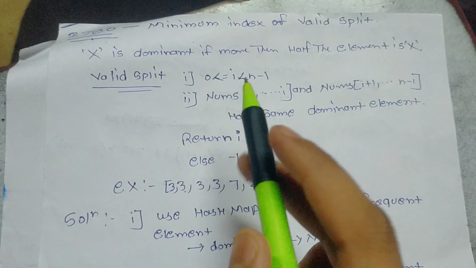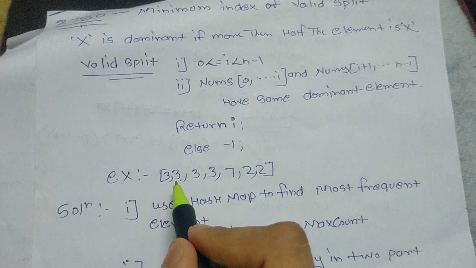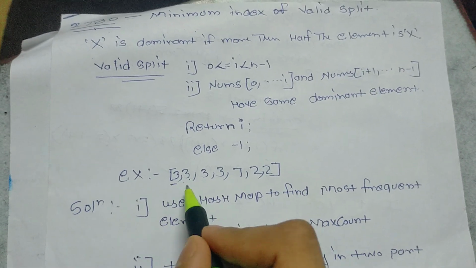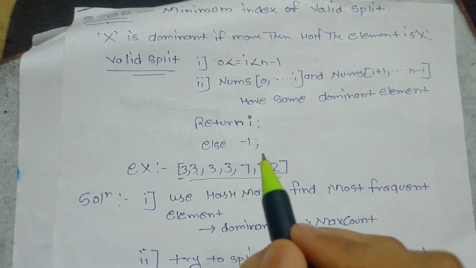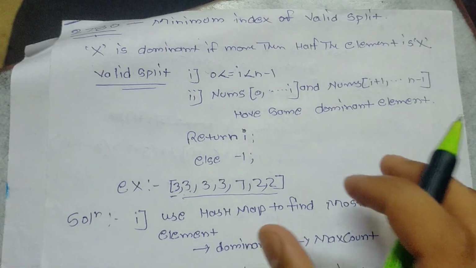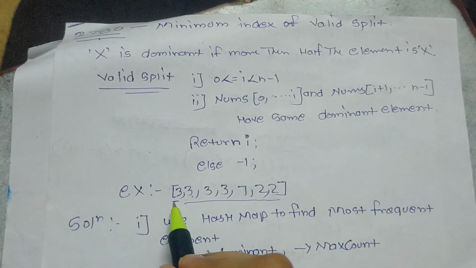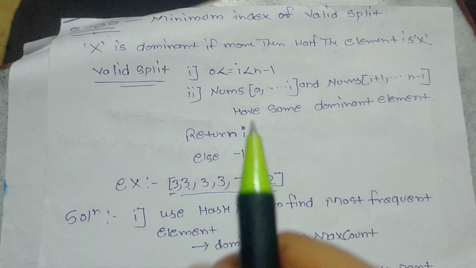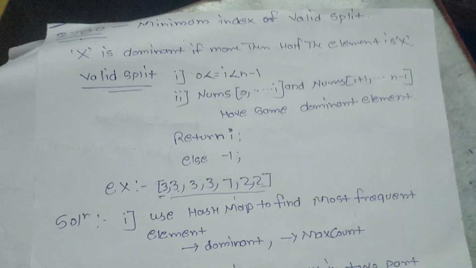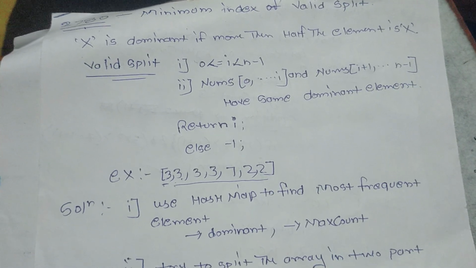It means the left and right subarrays contain the same dominating element. The dominant element in the left array still remains dominant, and in the right also, the dominant element still remains dominant.